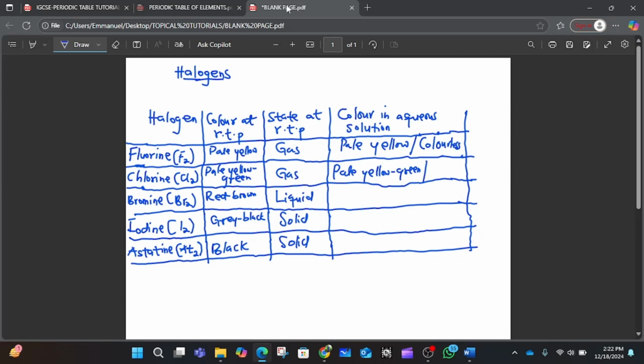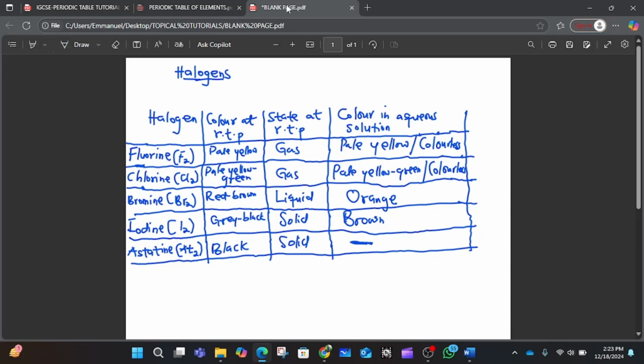For bromine, we get an orange solution. So this is the color of bromine in aqueous solutions. For iodine, we get a brown solution. For astatine, extensive research has not been done on this.